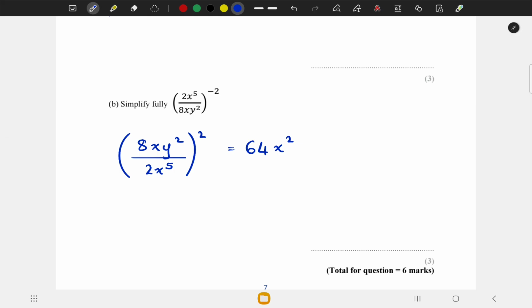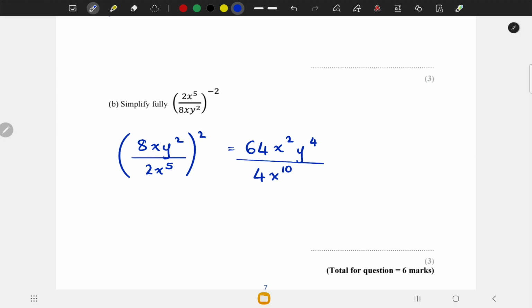Remember, whenever you have a power raised to another power, you need to multiply the powers, which gives me power 4. I do the same thing for my denominator. I start by raising 2 to the power 2 to give me 4. X to the power 5 raised to the power 2. I'm multiplying my powers, and so I will have x power 10.